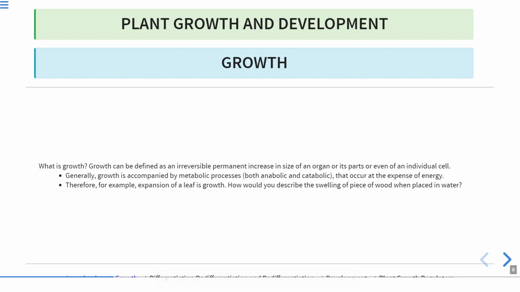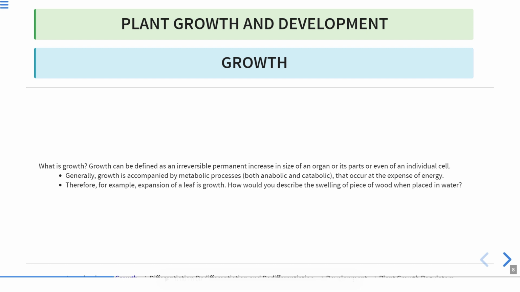Generally, growth is accompanied by metabolic processes. How growth is taking place in a plant or in any other organism is just because of the metabolic activities occurring in the plant. These metabolic activities are of both types, anabolic as well as catabolic. Anabolic means something is synthesized in the body.